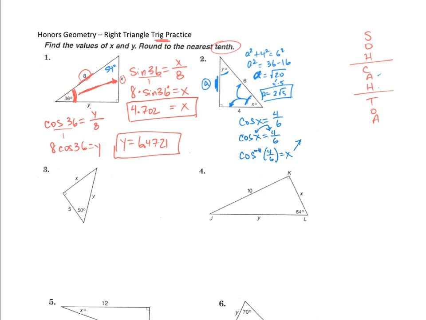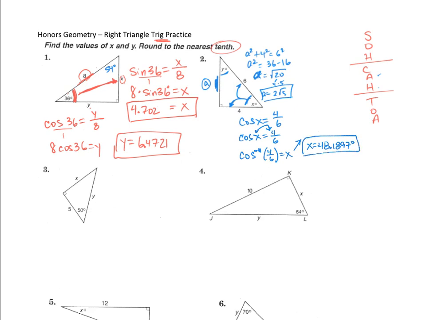Now, that's just a button on our calculator. So I will go ahead and do the inverse cosine of 4 divided by 6 on my calculator, and I will get x as being 48.1897. We'll keep it to 4 places, and that's a degree.